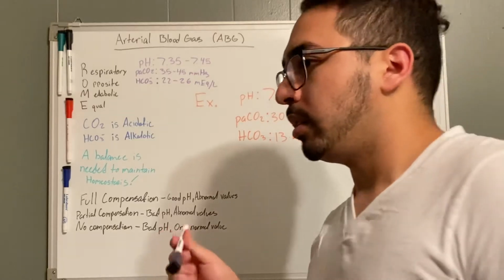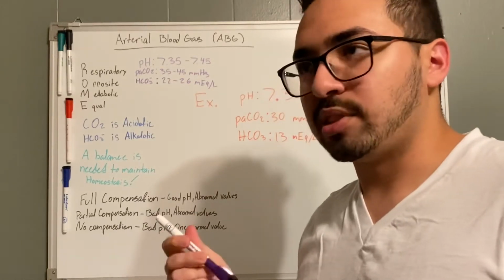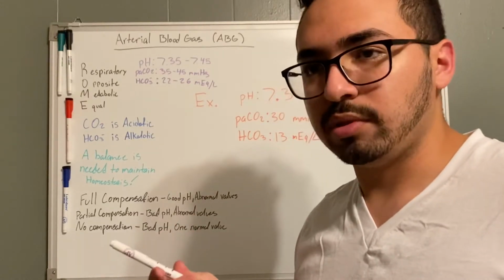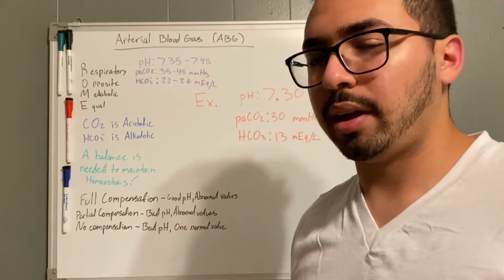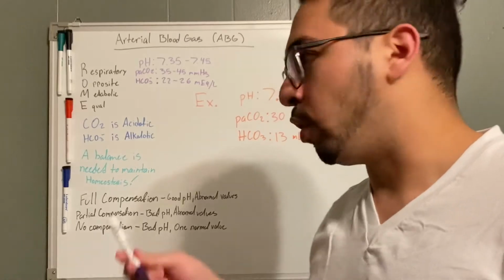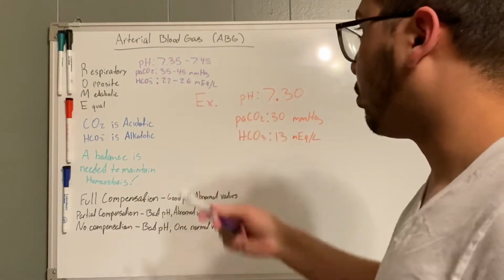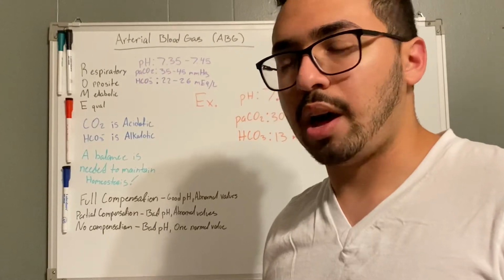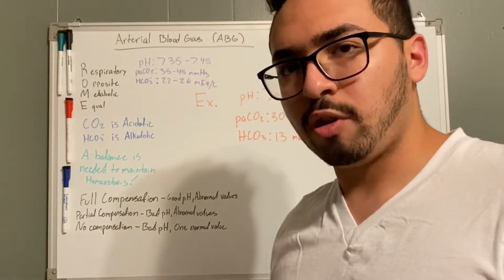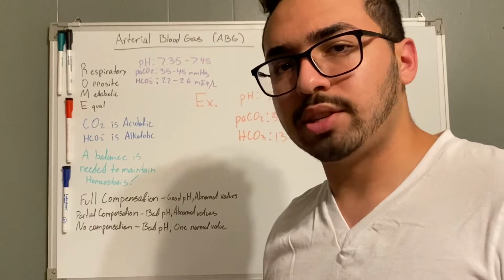They'll do this all the time. Sometimes they can do this once, or depending on how critical the patient is, they can do this multiple times a day. And as a nurse, you're going to have to know how to interpret these ABGs, because you'll be speaking with doctors about this a lot, and it'll just give you an overall picture of what's going on with your patient.